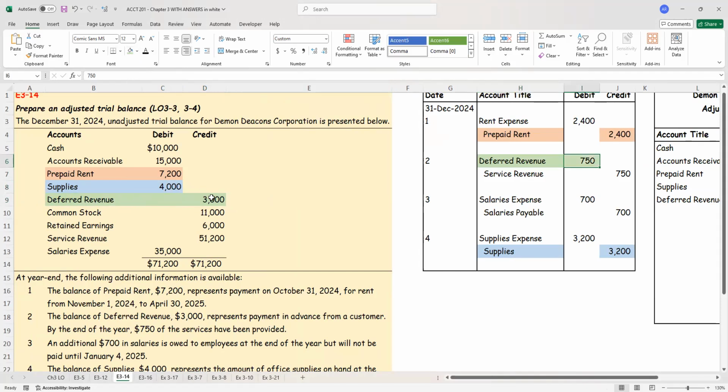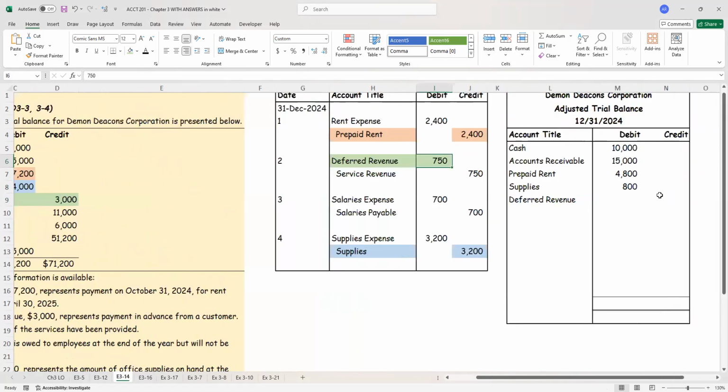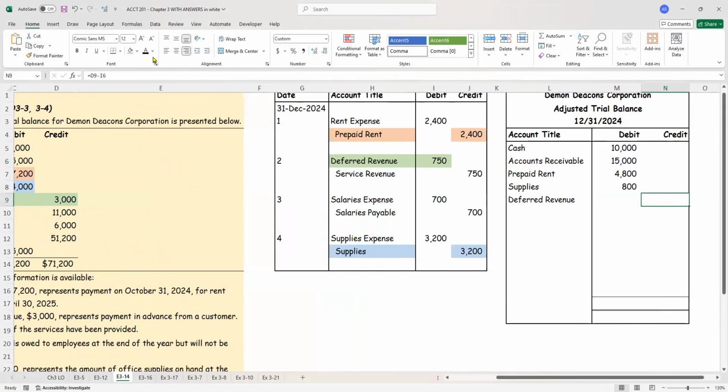Deferred revenue has a credit balance. I debited 750. So you need to take the difference between the two numbers. Credit is still the larger number. 3,000 credit minus 750 debit gives you 2,250 credit. That's a deferred revenue. So these 3 numbers have been updated.